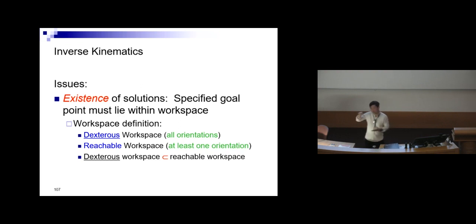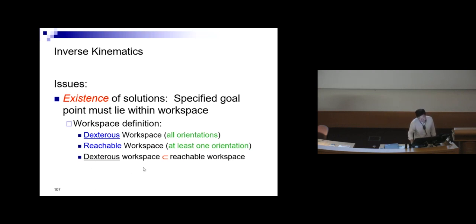As long as you can reach that particular point, it's in your reachable workspace. When you study your robot, you find you don't really have a very big workspace, so when you want to draw the plot, it can't be too wide as well.